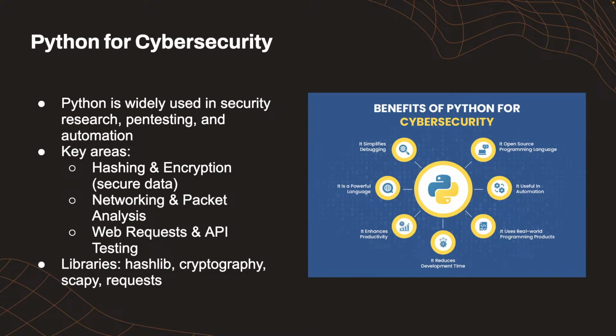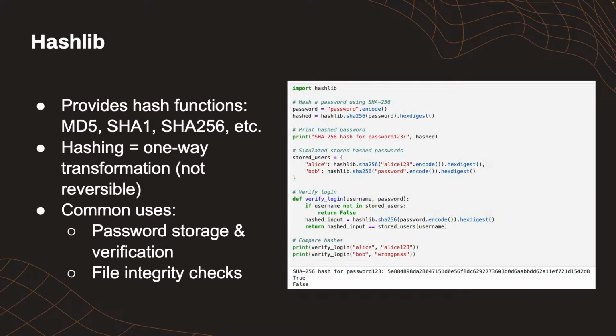So there are some libraries like Hashlib, cryptography, Scapy, requests. The first one is Hashlib, which basically provides different hashing functions. Some common algorithms are MD5, SHA-1, SHA-256. Hashing is just a one-way transformation that's not really reversible. The main uses of hashing are password storage and verification, as well as file integrity checks.